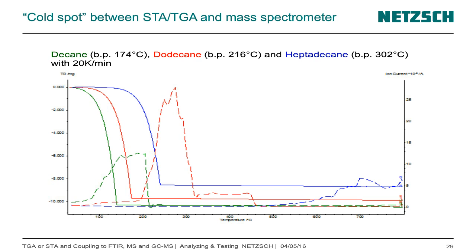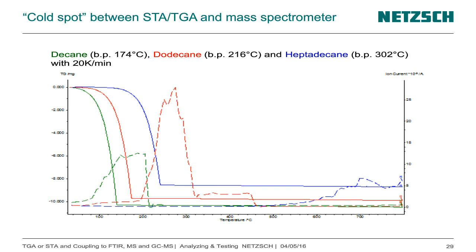You see that with the green it is maybe comparable, but with the red there is a time shift and temperature shift, and with the heptadecane you nearly see the total ion current just increasing.